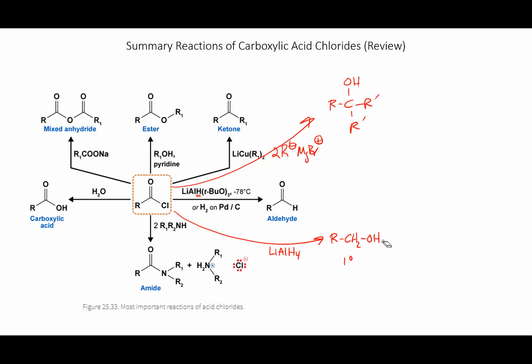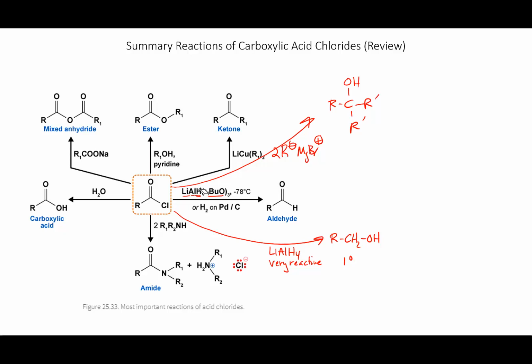If you want, you can take the acid chloride and reduce it to the aldehyde by using a less reactive reducing reagent, since this is again a very reactive reducing reagent. What was that? The less reactive reducing reagent was lithium aluminum tri-tert-butoxy hydride.